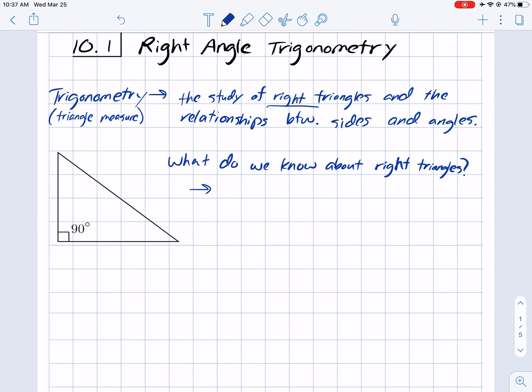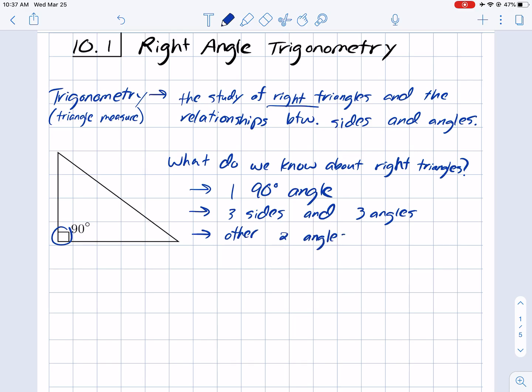Okay, so hopefully a couple things that came to mind for right triangles is always a 90-degree angle. And we can see that by this little square in the corner. Every triangle is going to have 3 sides and 3 angles. If one angle is 90, well, hopefully we would have written down that the other 2 angles must be acute.